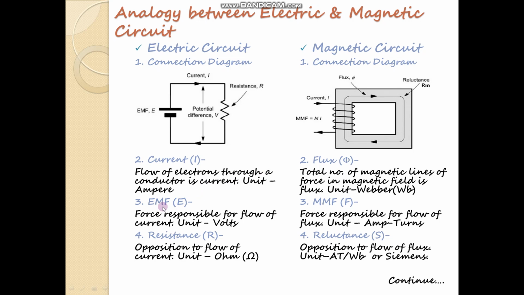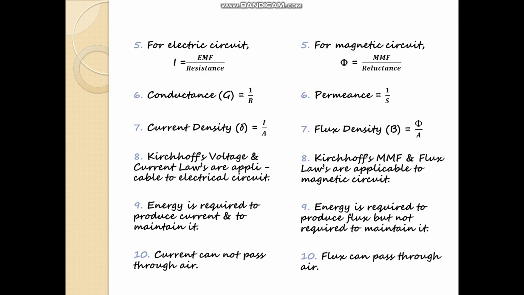In an electric circuit, electromotive force is the force responsible for the flow of current, its unit is volt, and in a magnetic circuit, magnetomotive force is the force responsible for the flow of flux, its unit is ampere turns. In an electric circuit, resistance opposes the flow of current, its unit is ohm, and in a magnetic circuit, reluctance opposes the flow of flux, its unit is ampere turns per Weber.